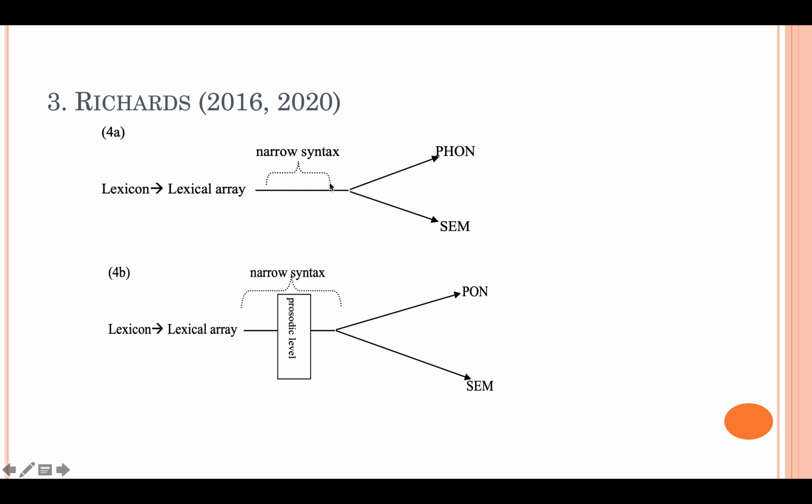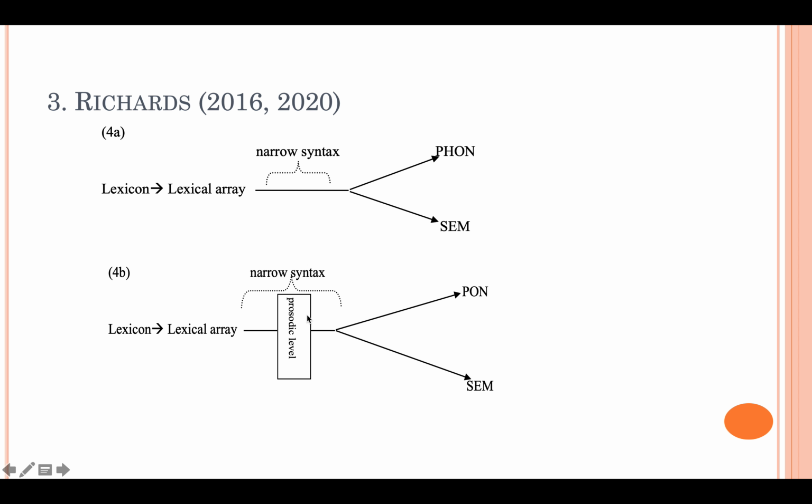That is the traditional model of UG. That is, after a structure is derived in the narrow syntax, it will be transferred to the phonetic system and the semantic system. Richards 2016 made a change to this model. He proposed that there should be a prosodic structure in the narrow syntax.